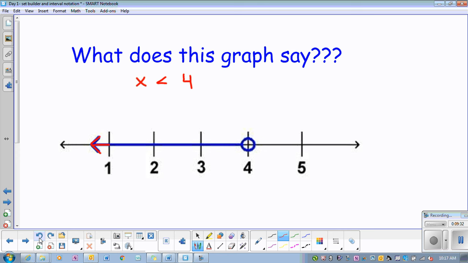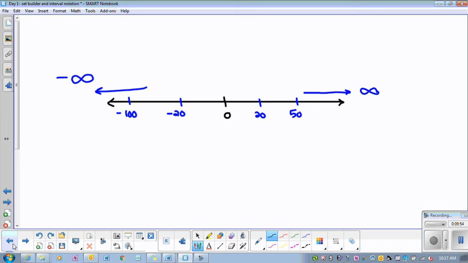Let's talk about interval notation with this. We always read the graph from left to right. Since you have an arrow going to the left, where's that going? Towards negative infinity.